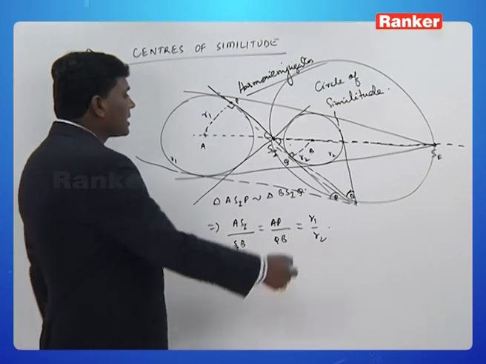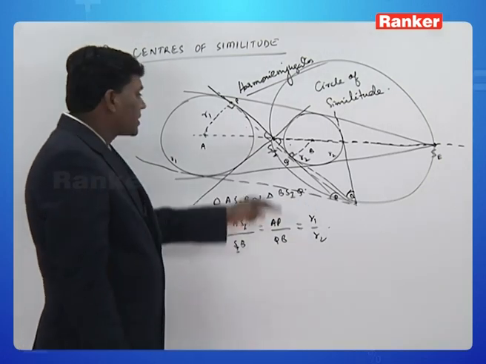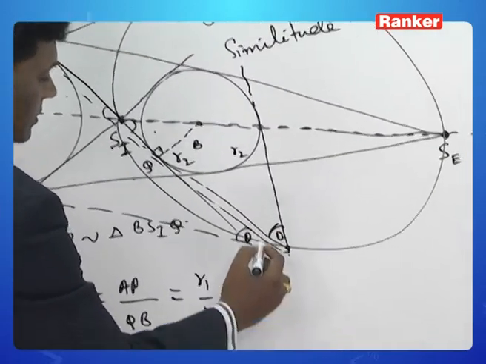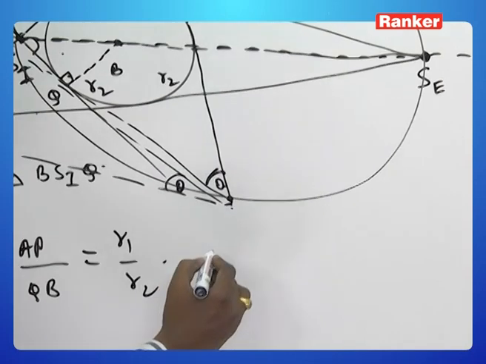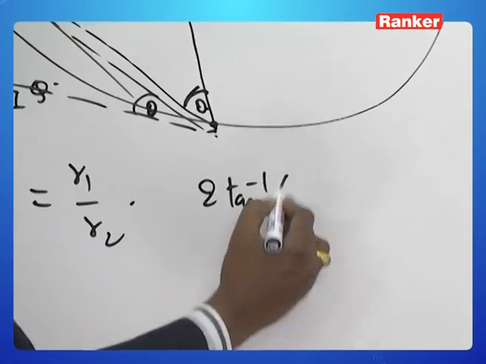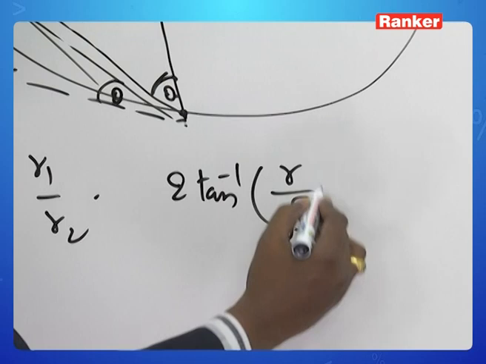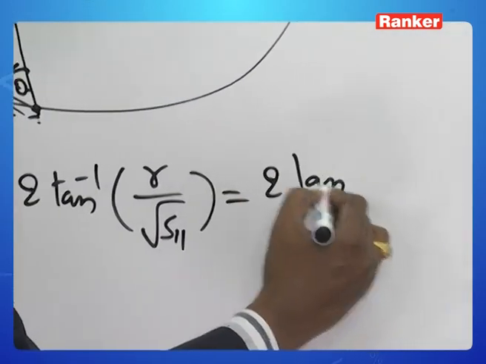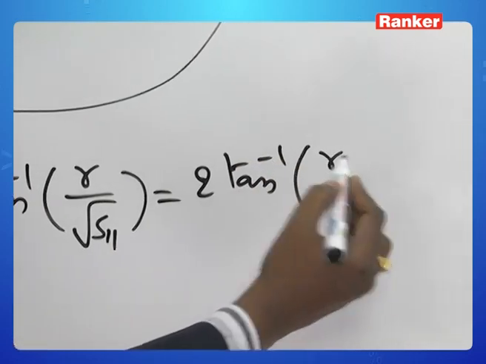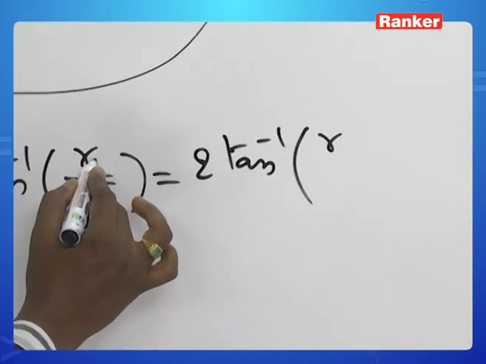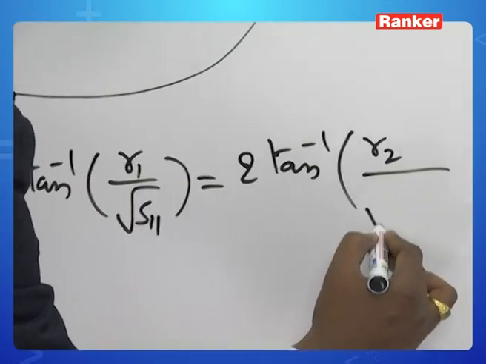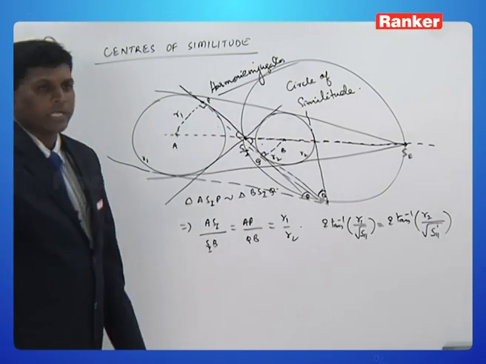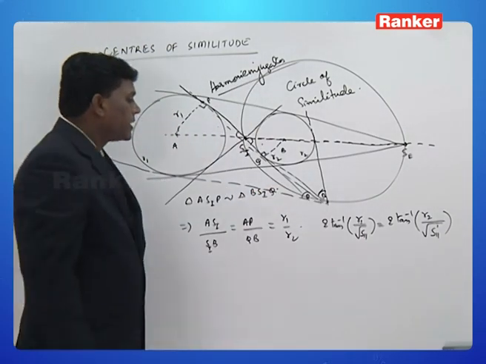If you take the circles as S and S dash, with radii R1, R2, the angle between tangents we know already as 2 tan inverse R by root S11. For the second circle we get 2 tan inverse, taking the first radius as R1 and the second radius as R2. The second circle equation I am considering as S dash. Then we get this condition.